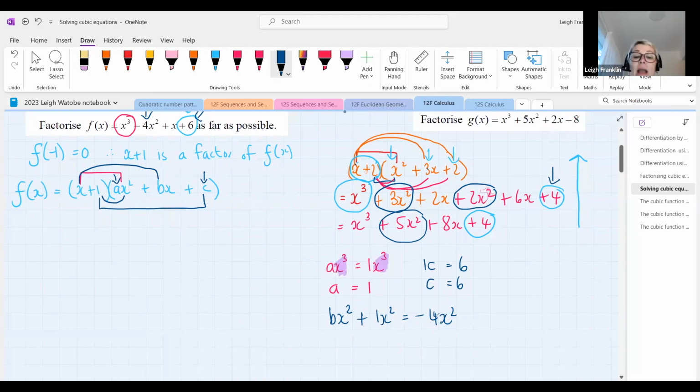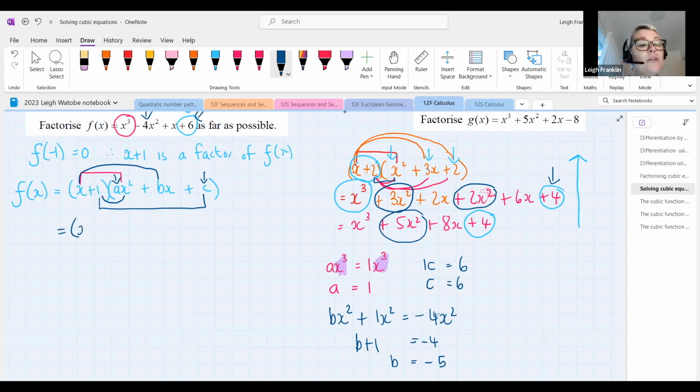Okay, and again, because you have got the same variables, you can drop the variables and work with the coefficients. So essentially what we're saying is that b plus 1 is equal to -4, and then we take the 1 over to the other side, and that means that b is equal to -5. Okay, so that's how this method of inspection works. And it really is the best method because it works for every single cubic polynomial you could possibly be given.